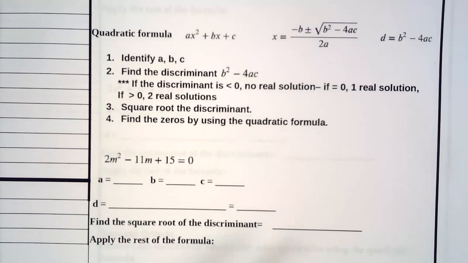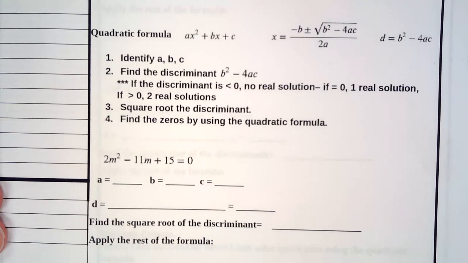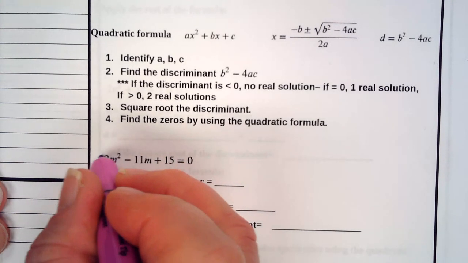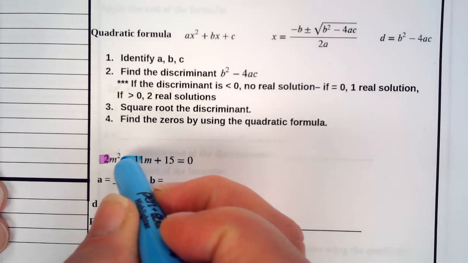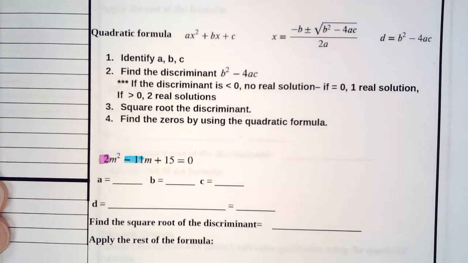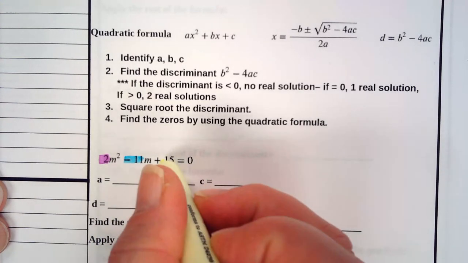As I'm looking at the first problem, this is A, this is B, you keep the sign with it, and then your C is at the end.